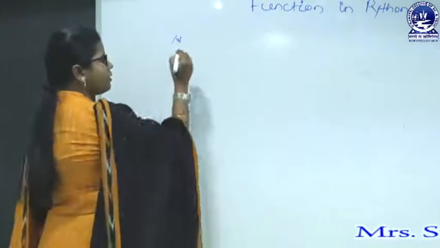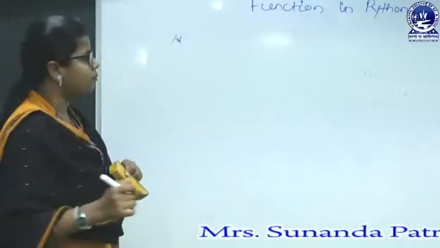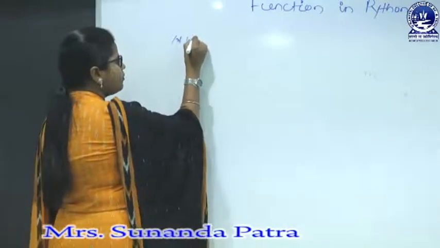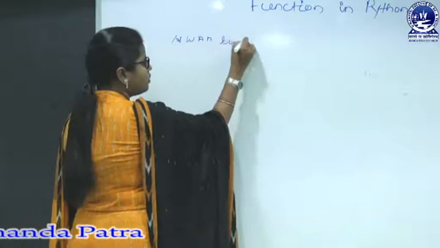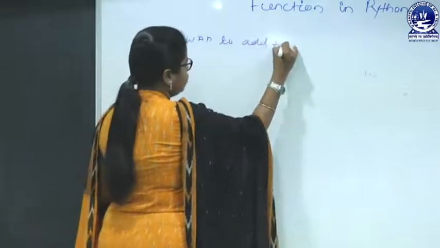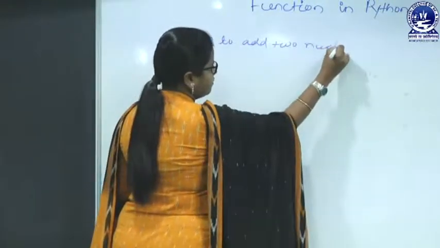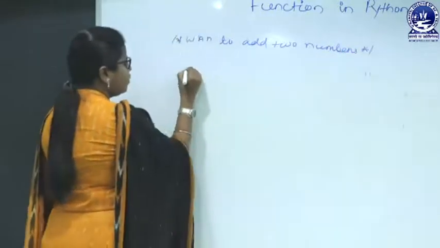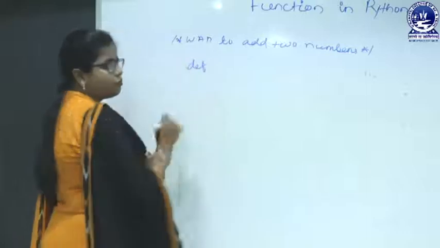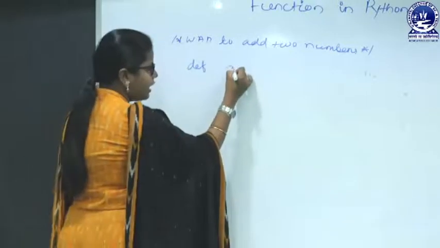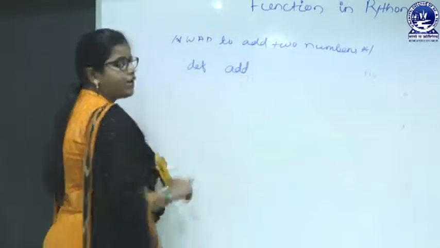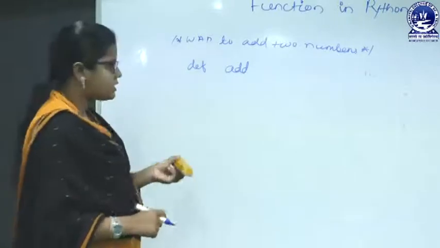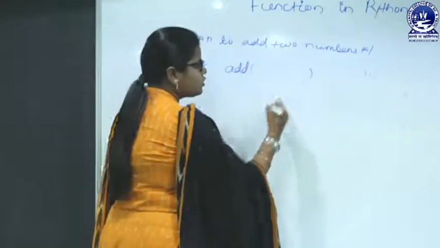The simplest program is to add 2 numbers. So, here I am writing a program to add 2 numbers. We will start with the def keyword. We can give the function name as add, and what are we adding?